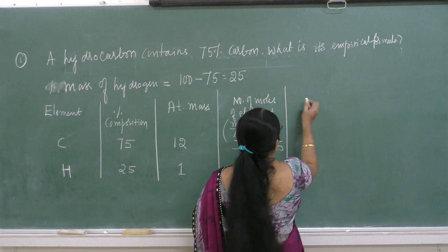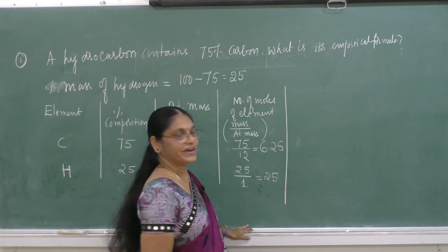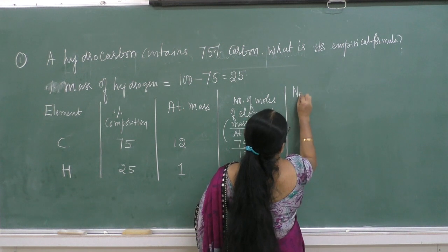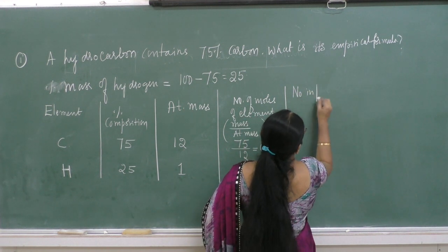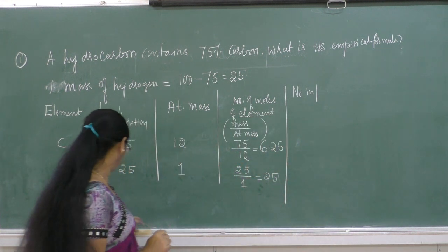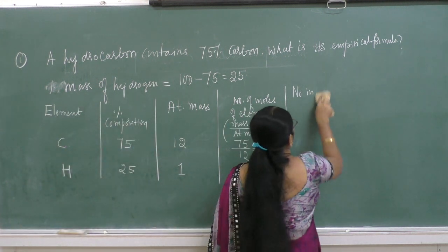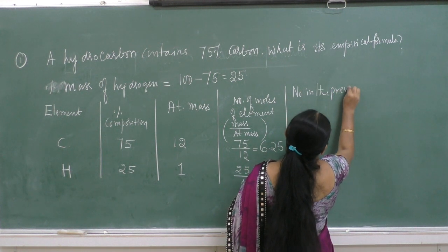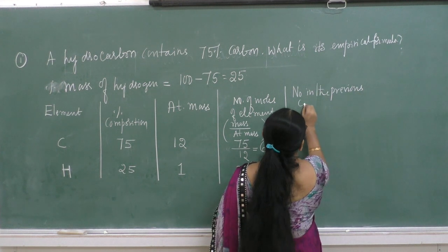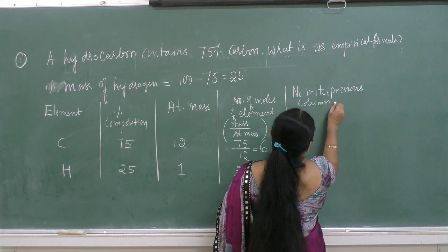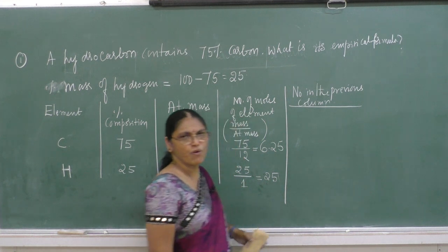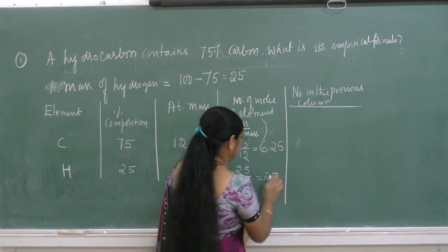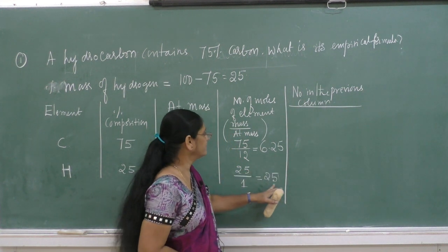So in the next column, calculate the molar ratio, that is calculated by the number in the previous column divided by the smallest number in this column. So that is 6.25 and 25.